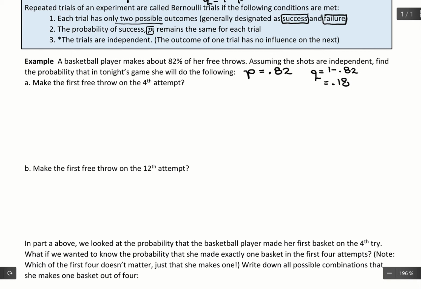Assuming the shots are independent, so that's just making concrete that we have independent trials. And what that lets us know is that each time she shoots, this probability of success is not changing. It's staying at 82% chance of making the free throw, 18% chance of not making it. And we want to find these various probabilities.